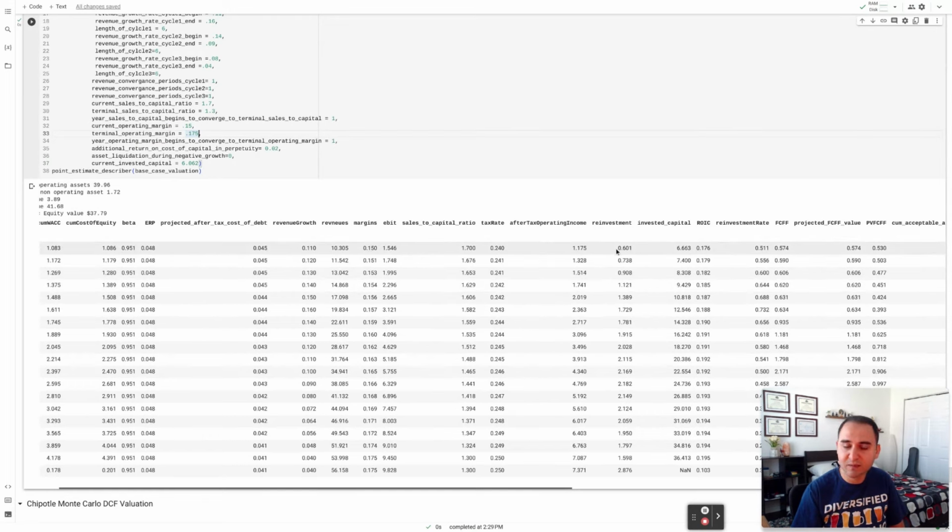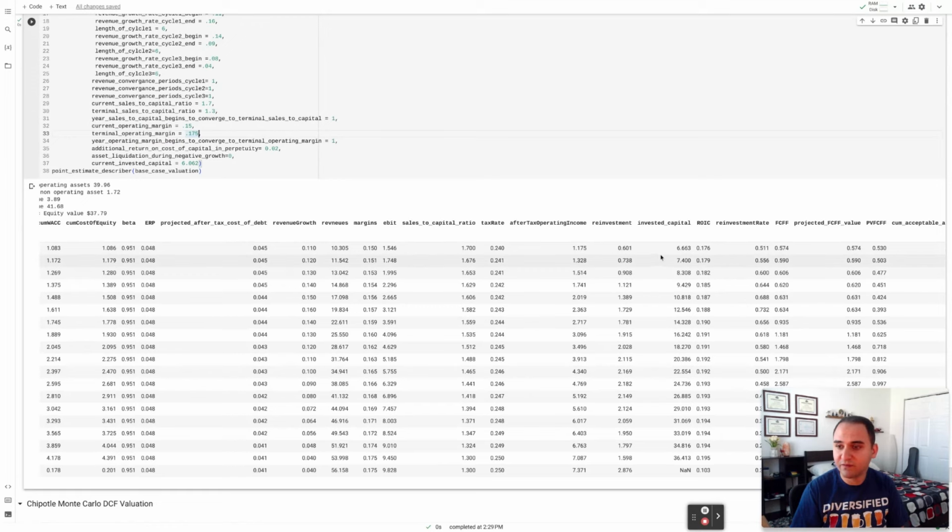This is your reinvestment. Again, we talked about revenue growth divided by sales to capital ratio to come up with the sales reinvestment. So when the revenue goes from 9.2 to 10.305, they need to reinvest about 600 million back into the business to get the growth.